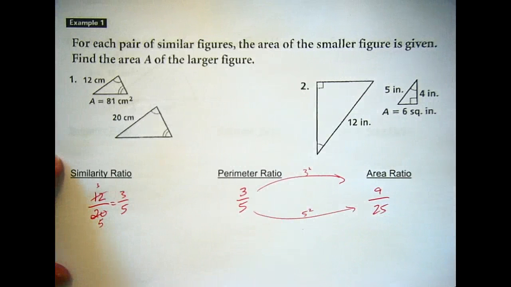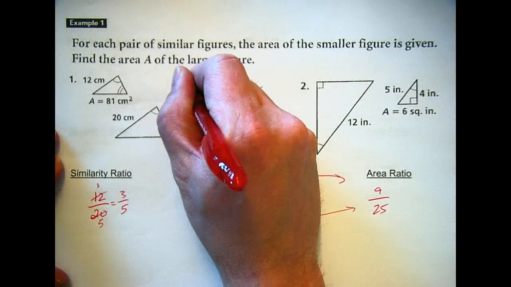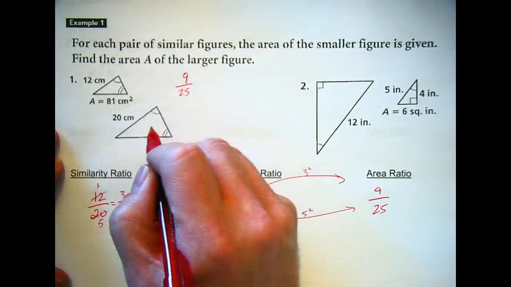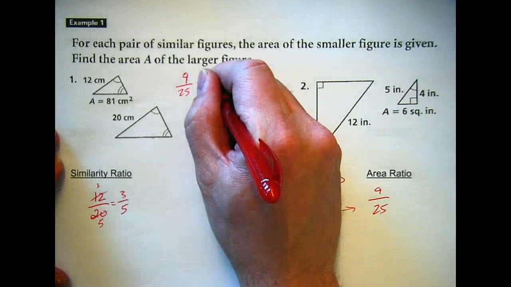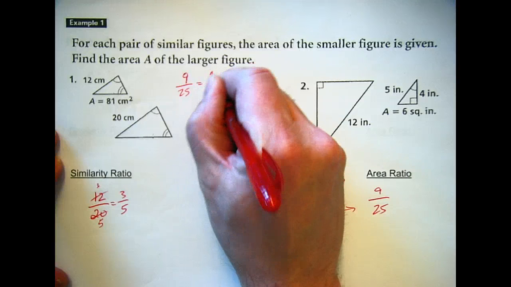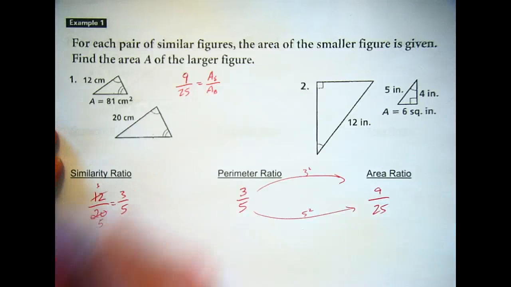Okay, what that allows us to do, if we know the area ratio is 9 to 25, 9 over 25, 9 is the smaller, 25 is the bigger, we know that's equal to the area of the smaller over the area of the bigger. Okay, so this is our smaller, this is our bigger. Well, the area of the smaller we know, it's 81.